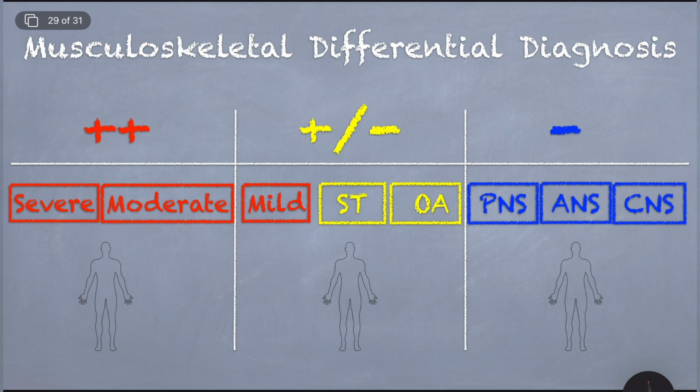So in more severe autoimmune inflammation, what you'll find is that there's going to be synovitis, especially in rheumatoid arthritis, in the hands, often in the knees. And what you're looking for in these types of presentations is synovial thickening. So you want to see, is the synovium itself swollen?